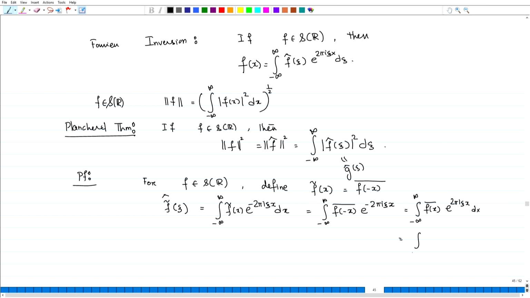If I take the bar outside the integral, then this is minus 2 pi i xi x dx whole bar, and this quantity is nothing but f hat of xi whole bar. So, this f tilde hat is equal to f hat conjugate.